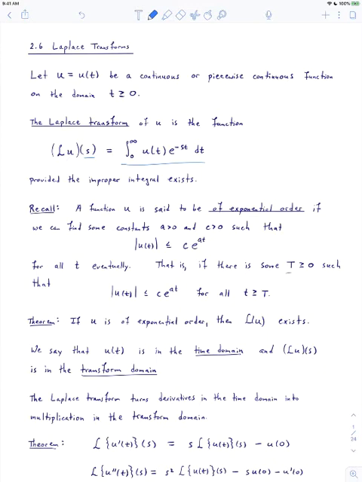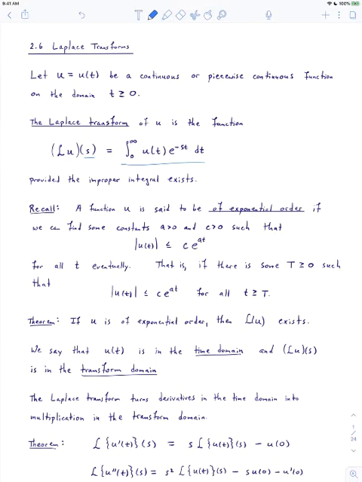That is, we can find some capital T greater than or equal to 0, such that the absolute value of u at t is less than or equal to c times e to the at for all t greater than or equal to capital T. So eventually, the function u at t is bounded by some constant times an exponential function.